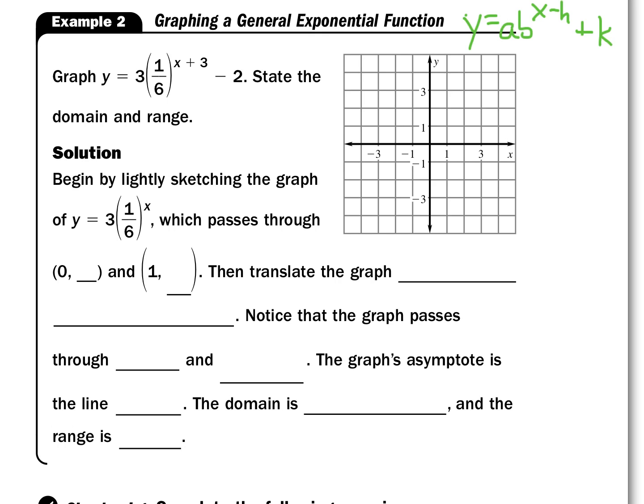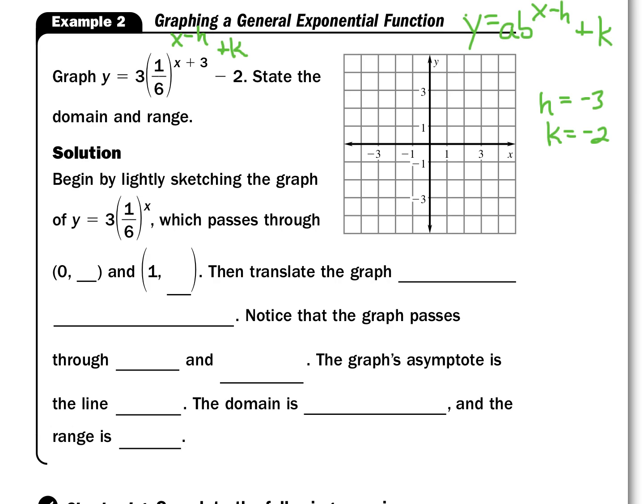In example 2, our x minus h happens to be x plus 3, and our k happens to be minus 2. So h is equal to negative 3, and k is equal to negative 2. That means that we're going to translate 3 units to the left and 2 units down. We'll get there in just a moment.